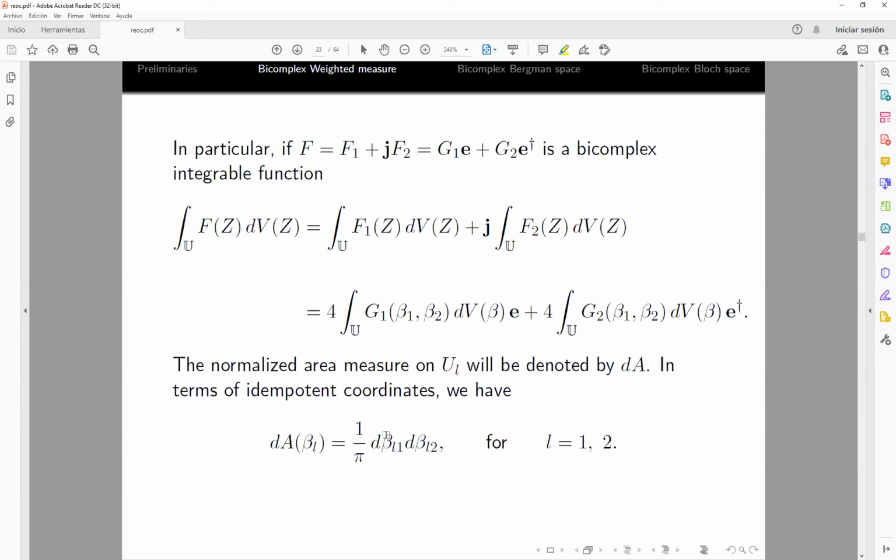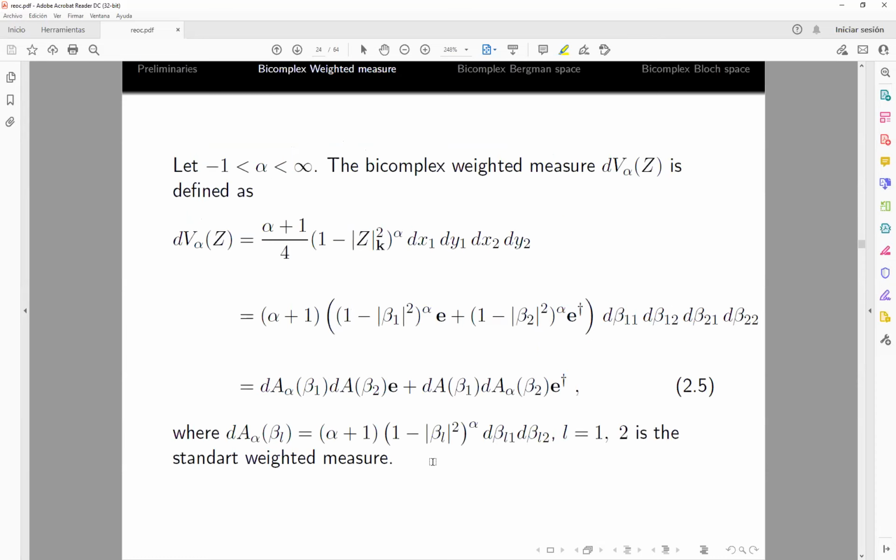Now we consider the normalized Lebesgue area in C, given by this because it's normalized. This is the normalized area.